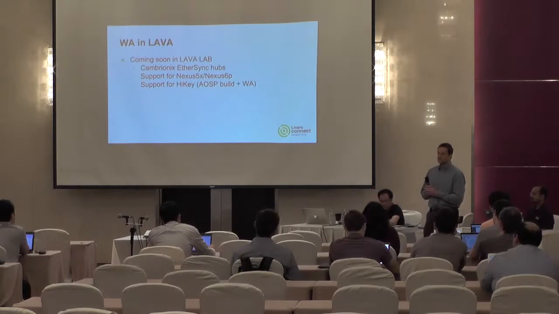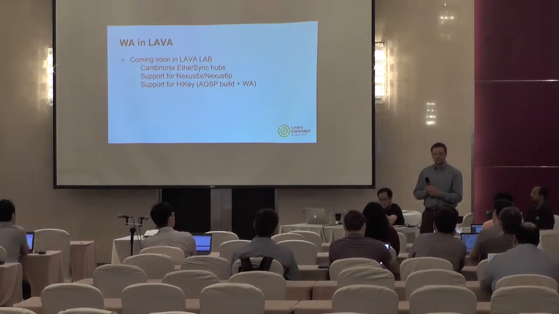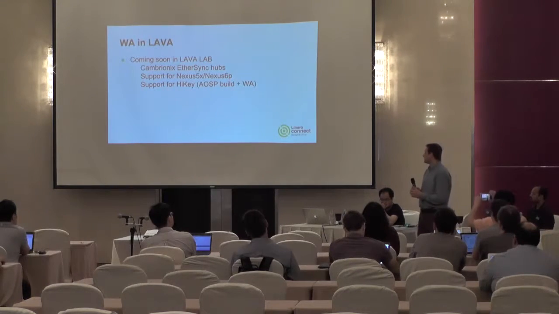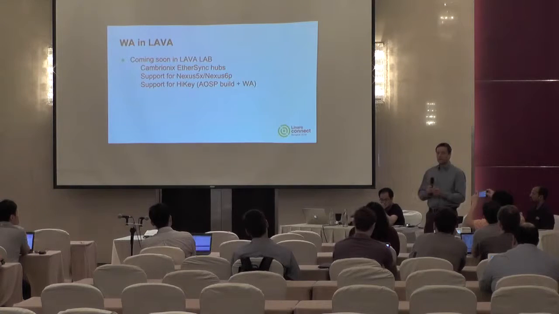I think it's still not a product, it's still a prototype. The EtherSync basically has a USB uplink based on IP traffic. So now we can hook up our USB devices like Nexus 5 and Nexus 9 to the hub, and then the uplink from the hub goes to LAVA with an IP address.